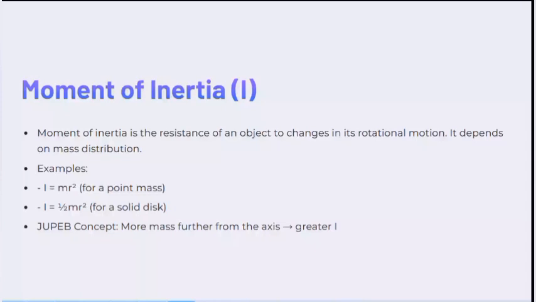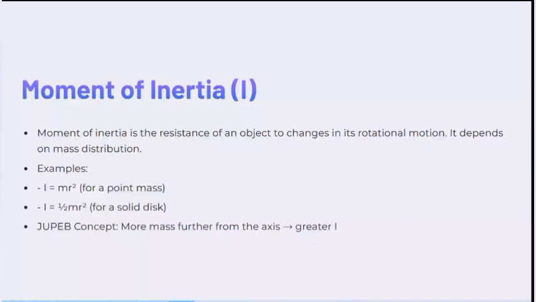That's one extra thing you should know, because you might see a question like: which of these statements is true about moment of inertia? Increased mass leads to increased moment of inertia. Then they will start talking all the other rubbish to confuse you. So just know that the larger the mass, the larger the moment of inertia. The moment of inertia has a direct relationship with the mass of an object.